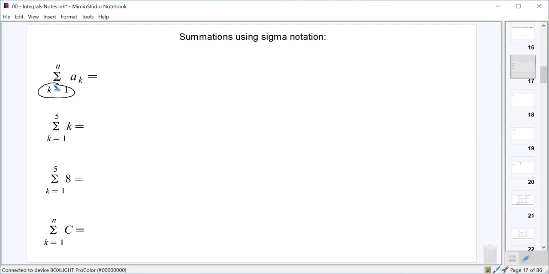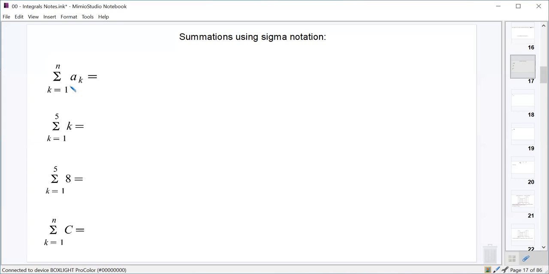And so the summation says start at k equals 1 and go until we get to some integer number n. What that means is add up all of these terms from the first one up to the nth one.